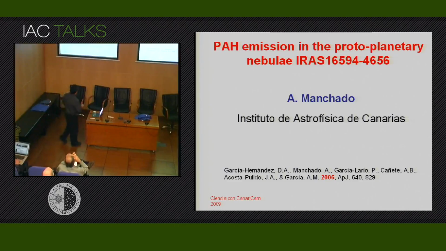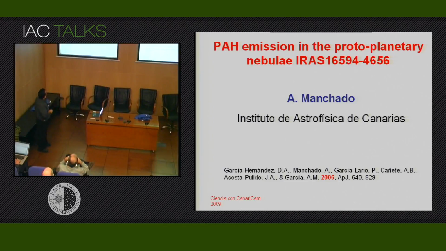The observations were with TIMI-2 at the 3.6 telescope. I have to say this instrument is already decommissioned, but now it's available this year on the VLT. We have very good seeing, 0.5 arcseconds, and we observed in the 8.6, 11.5, and 11.7 filters.